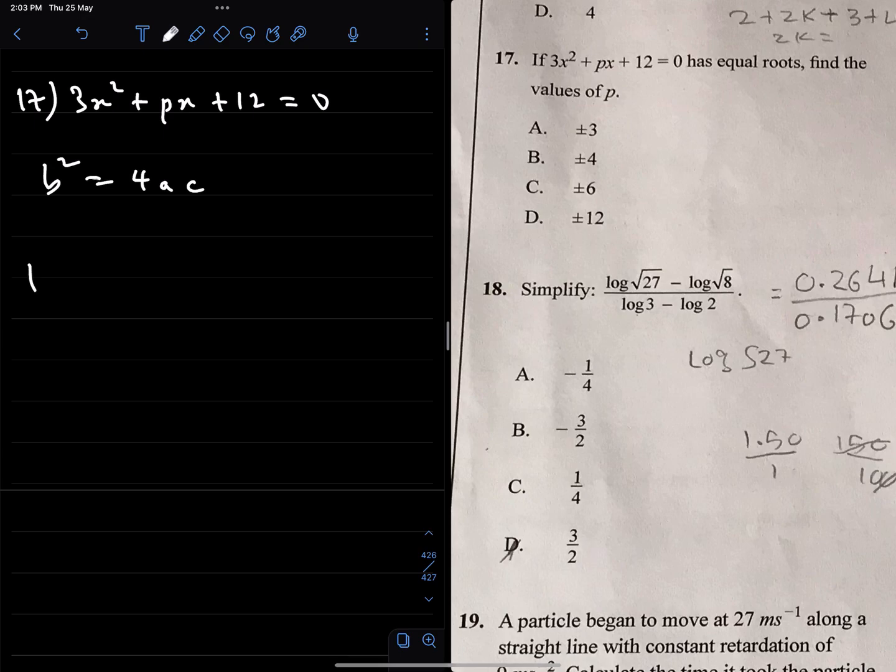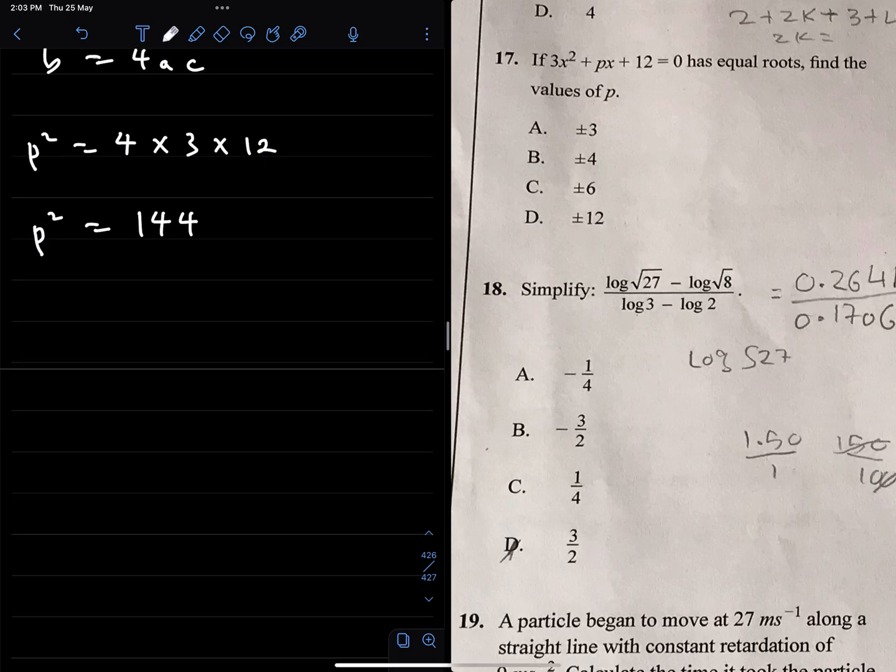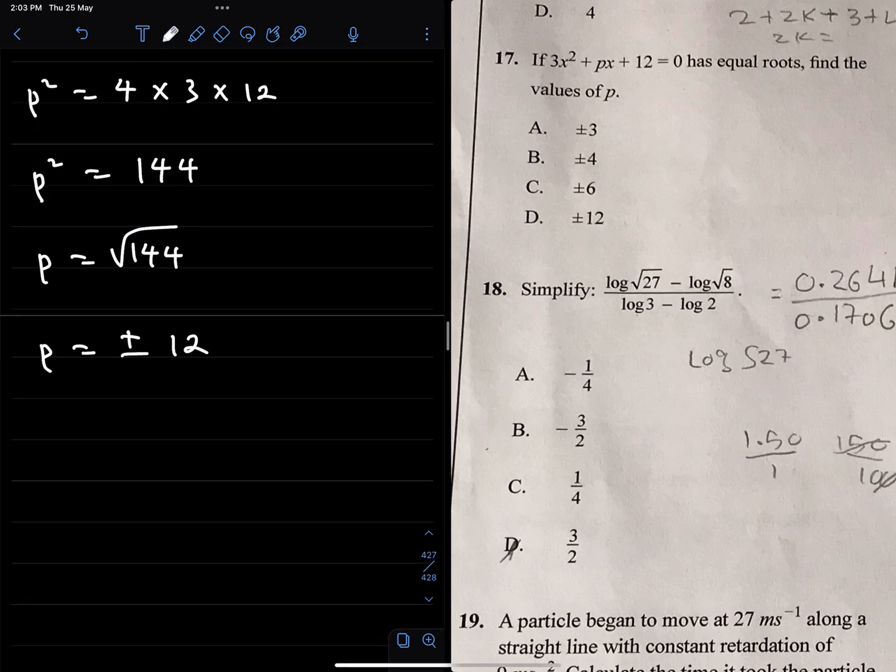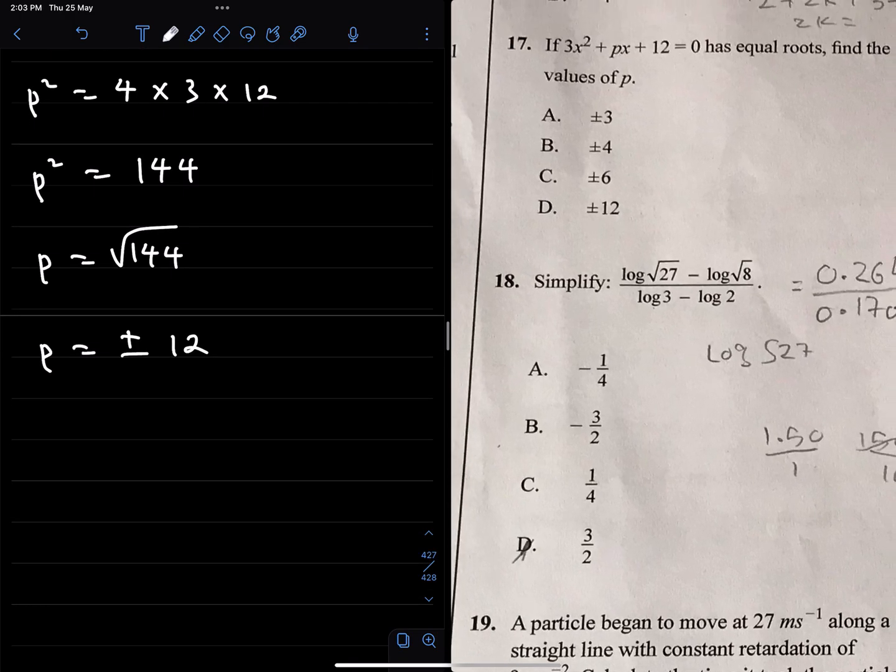That means p squared equals 4 times 3 times 12, and that means p squared equals 144, which simply means p equals square root of 144, and that means p equals plus or minus 12, and those are the values of p, and the correct option is D.